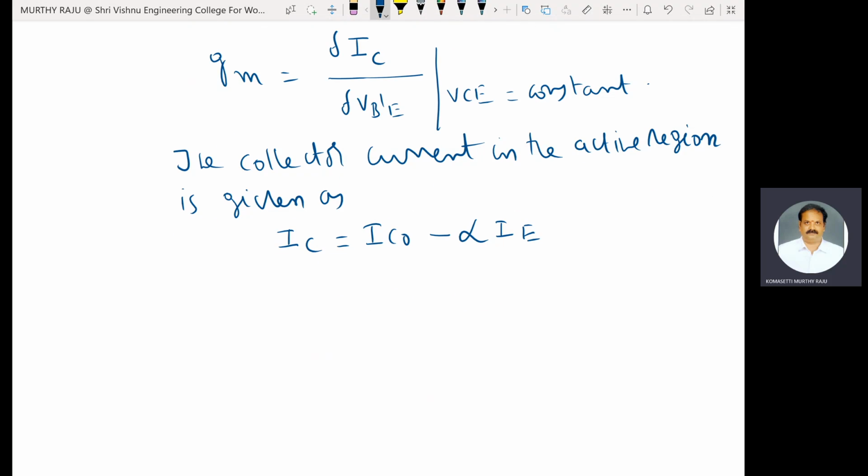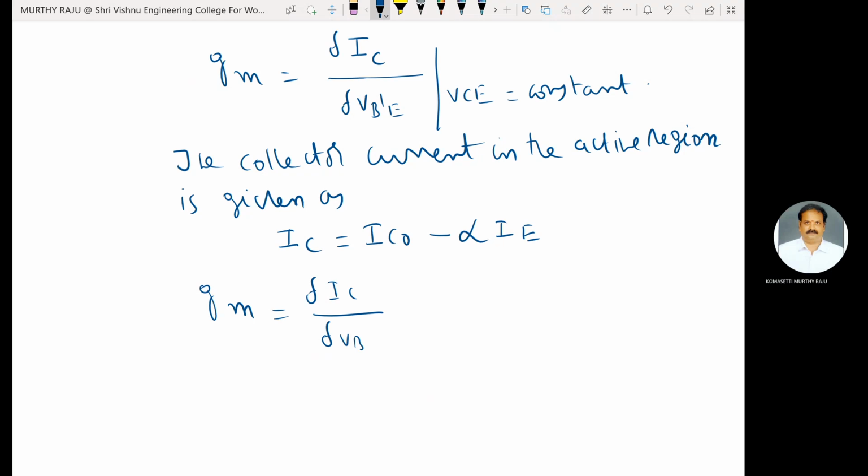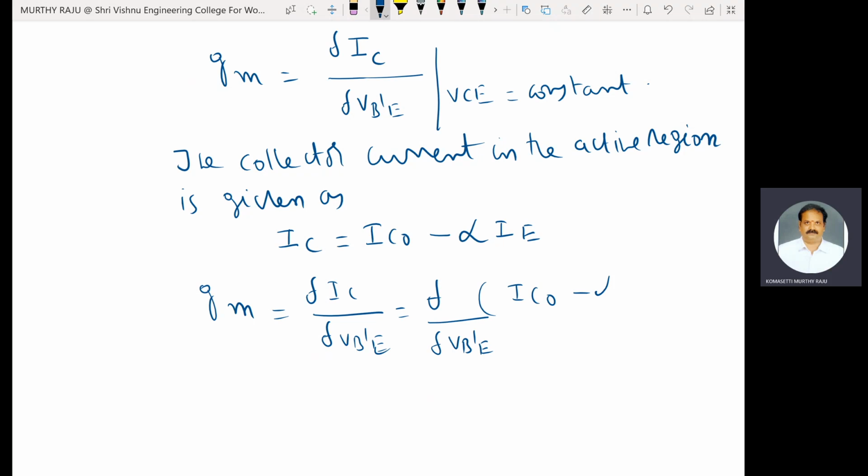And gm is equal to dou IC by dou VB dash E, that is dou by dou VB dash E of IC naught minus alpha IE.